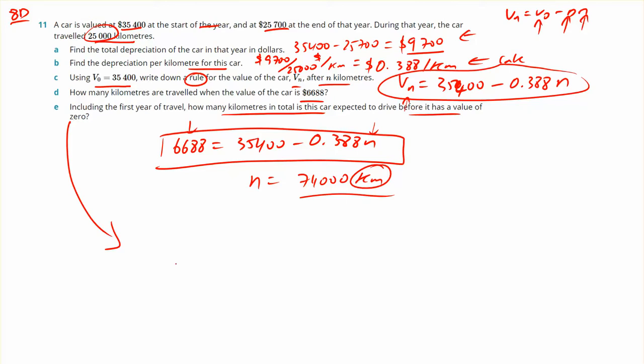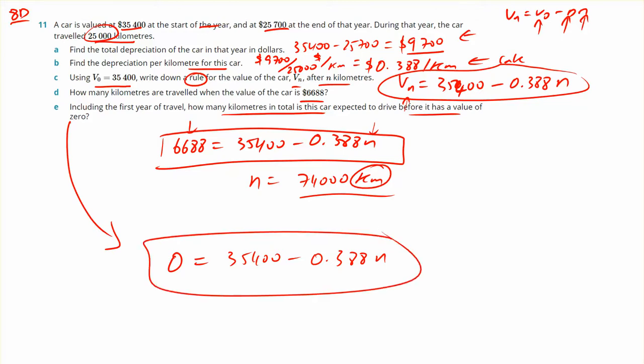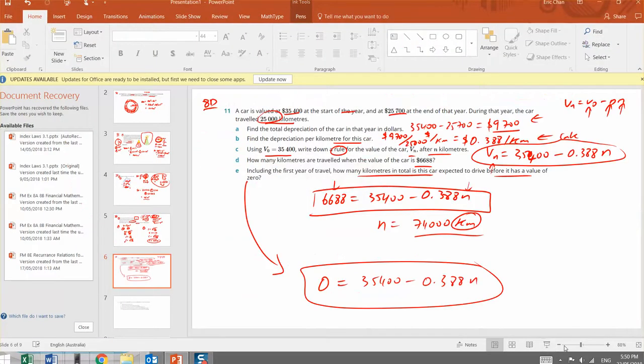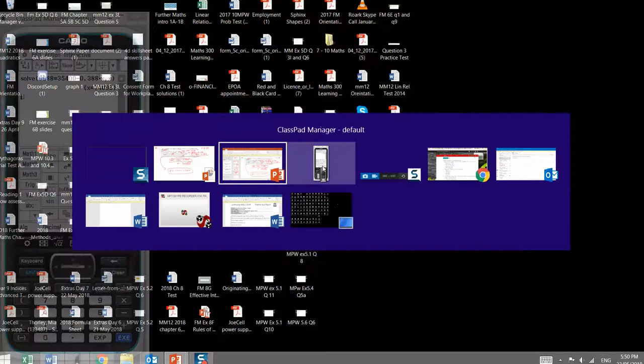So we want that value to be 0. We're substituting 0 for Vn, and trying to find what value of n that occurs at. So all you need to do is go to your CAS calculator again and solve this equation.